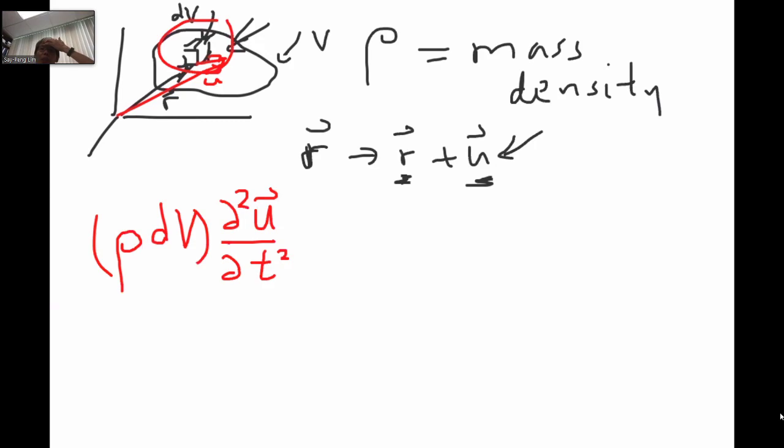So that's the displacement. Mass times acceleration, what must it equal to? It must be equal to the net force exerted. Now, as before, we divide those forces into volume forces and surface forces.